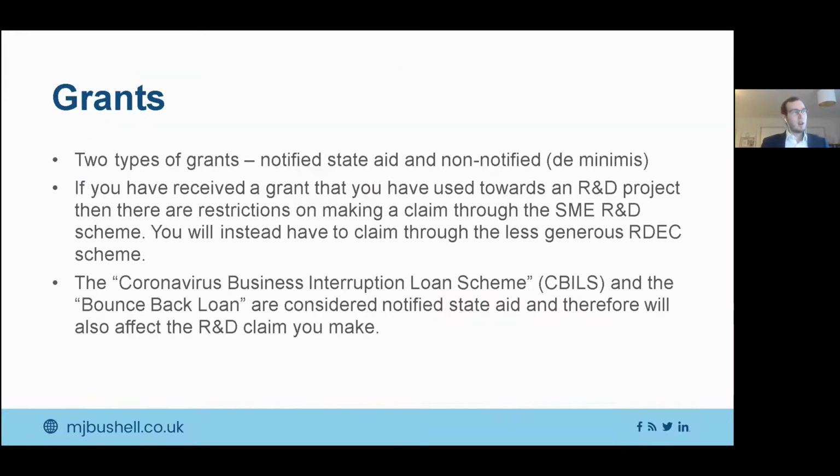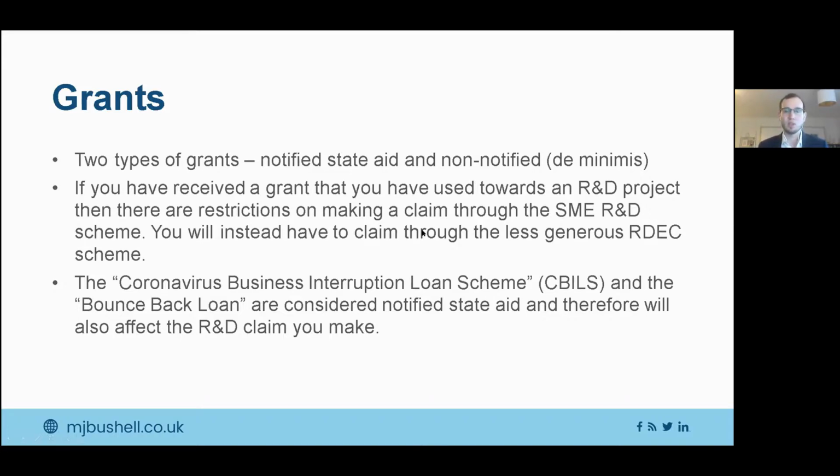So finally, the last slide is just touching on grant income or grants that you've received towards any R&D projects. We have a lot of clients that have received SMART grants, Innovate grants from the government, which count as notified state aid. There's two types of grants, notified state aid and non-notified.